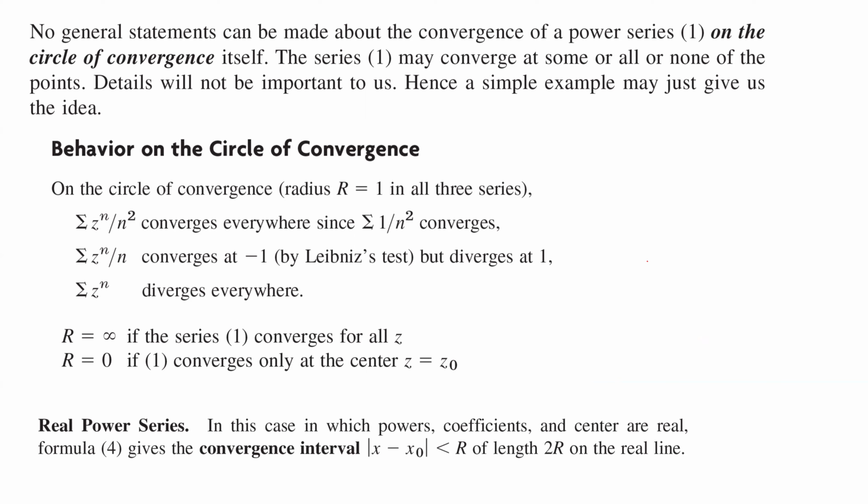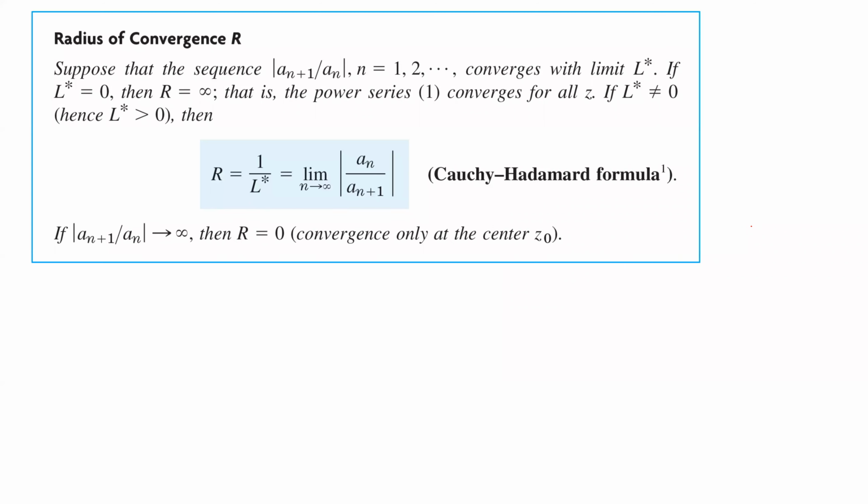Here in the complex plane, we have a radius of convergence around z0. So it is actually a disk. For real numbers, it is just an interval around x0. That is called radius of convergence. All right.